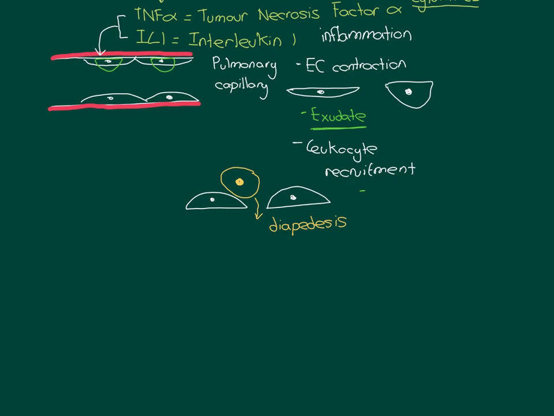So, the two major ones that are recruited in any inflammatory process, this isn't just COPD, are neutrophils and macrophages, and both of these are phagocytes, so they phagocytose pathogens and break them down.